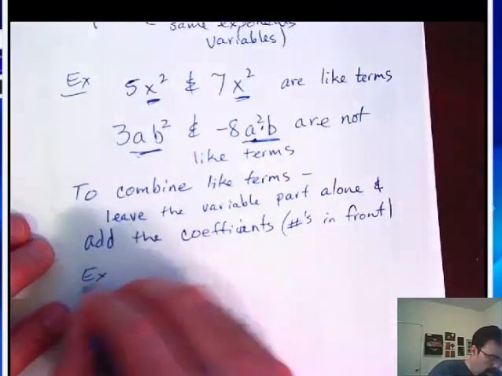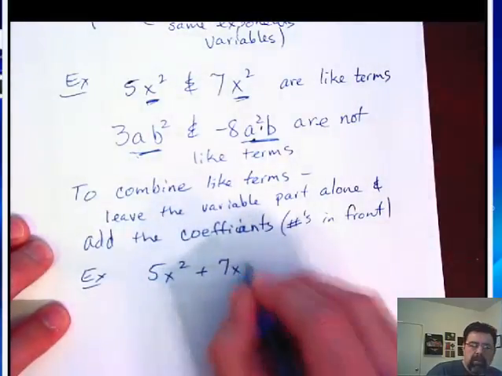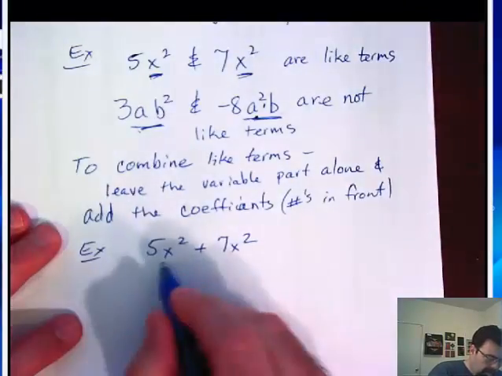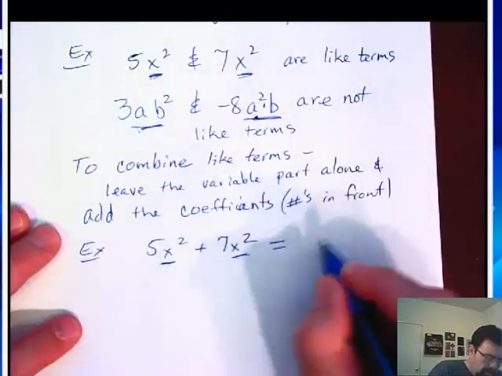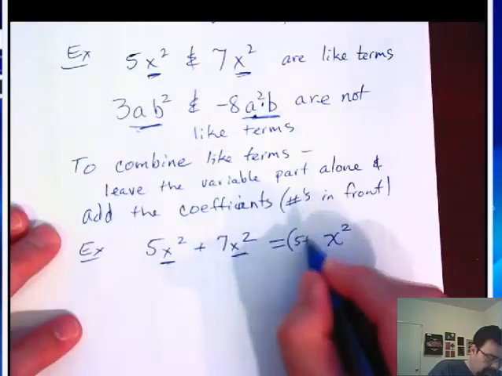So if I had 5x squared plus 7x squared, to combine like terms, you're going to leave the x squared alone, and you're just going to add the numbers in front, the 5 plus 7.